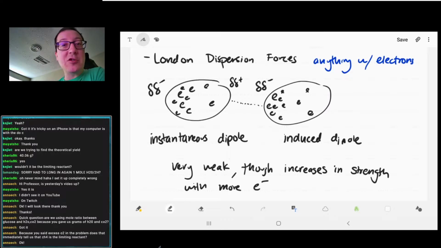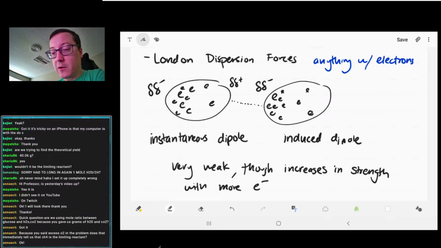And as hydrocarbons get very big, if you have 18, 20, 30 carbons, you have tons of electrons in there now. Those are going to eventually become pretty substantial. So we're going to see that this force increases with the more electrons that you have. However, typically it is a weaker force than the other two that we've talked about.